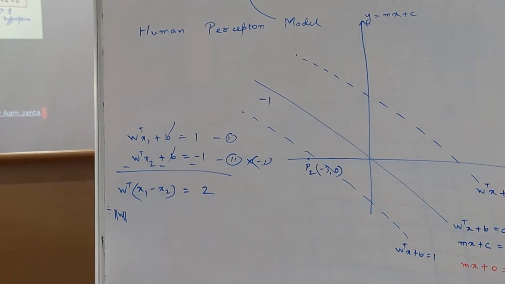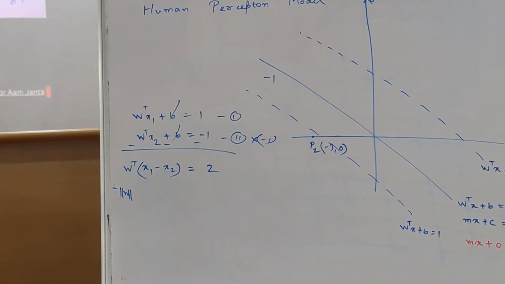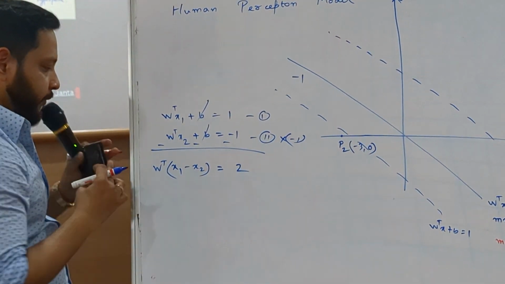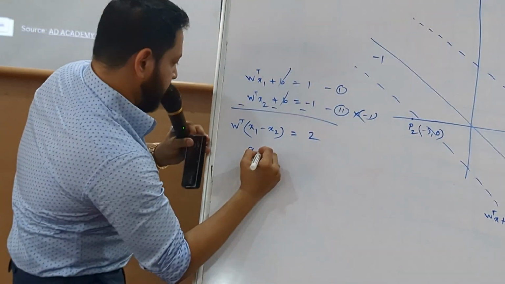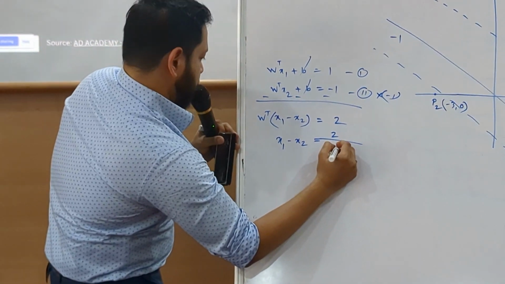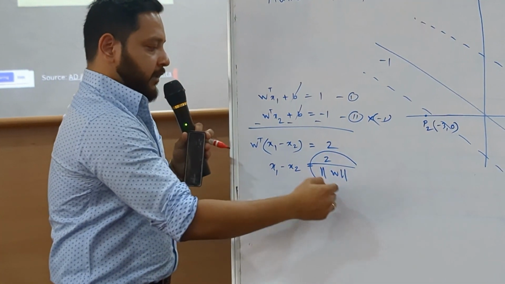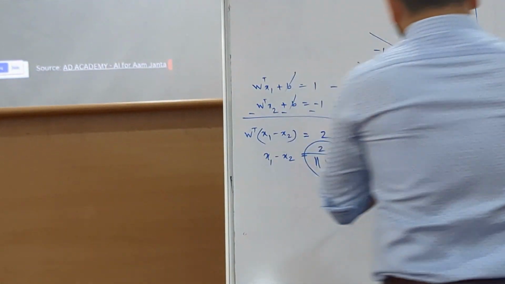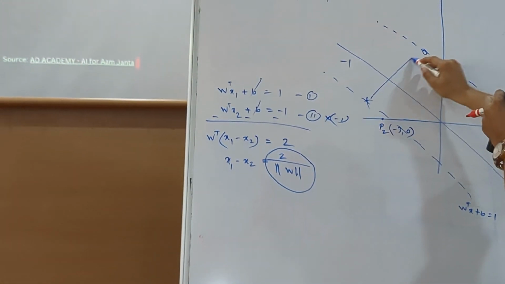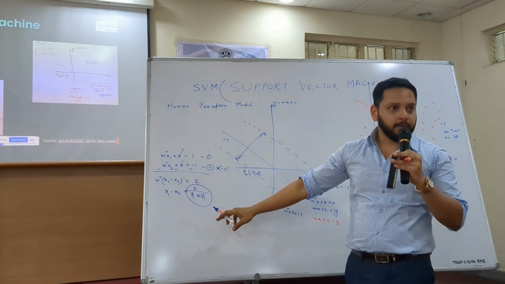We know the concept of the unit vector. If we divide it by the norm, then the magnitude will vanish and the direction will remain. So it will become x1 minus x2 equals 2 by norm of W, right? So this is actually the distance. x1 minus x2, what is this? If there is one point here and one point here, this distance is 2 by norm of W.